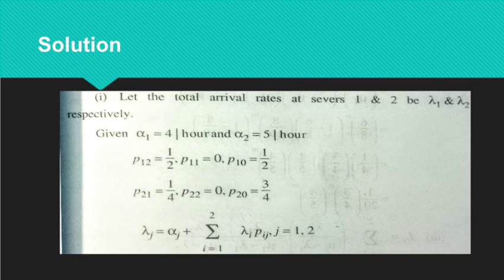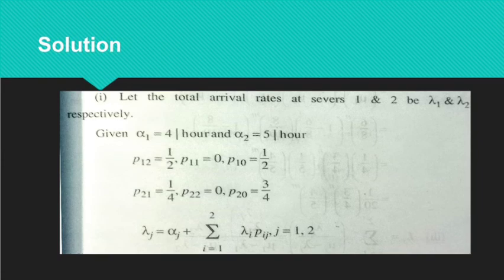And again we have seen in the problem statement P12 as 1 by 2, P11 equal to 0, P10 equal to 1 by 2, and again P21 equal to 1 by 4, P22 equal to 0, P20 equal to 3 by 4. First we have to find lambda 1, lambda 2. We know the general formula, lambda j equal to alpha j plus summation i equal to 1 to 2 lambda i P ij, j equal to 1, 2.